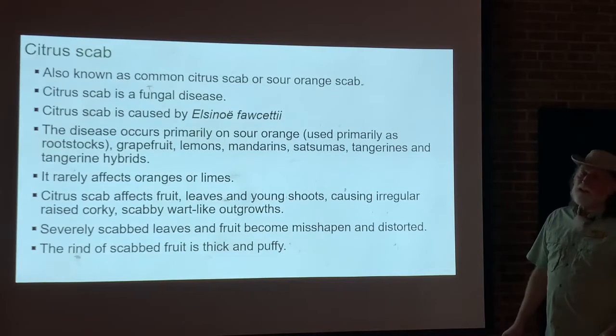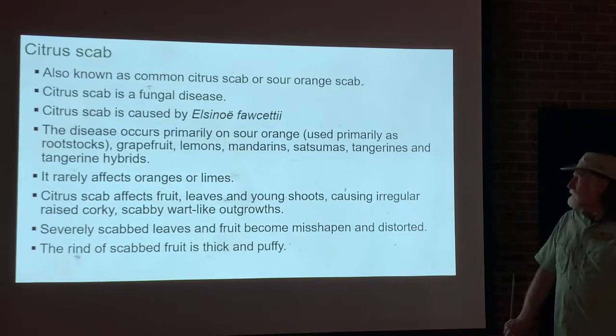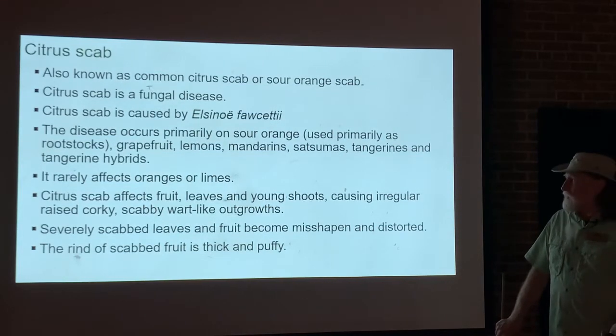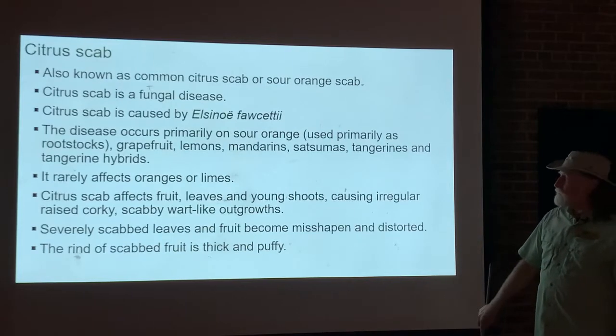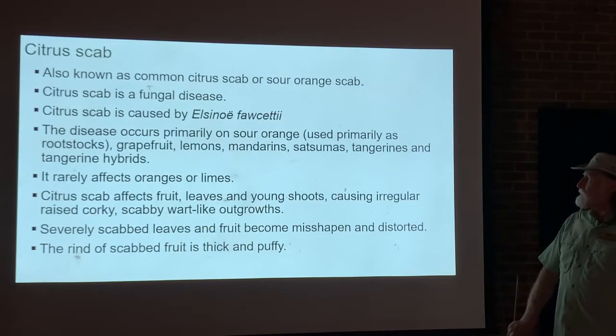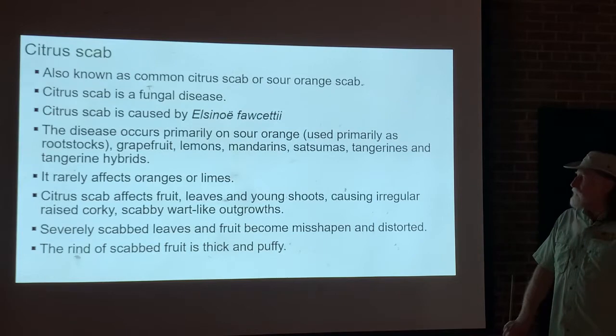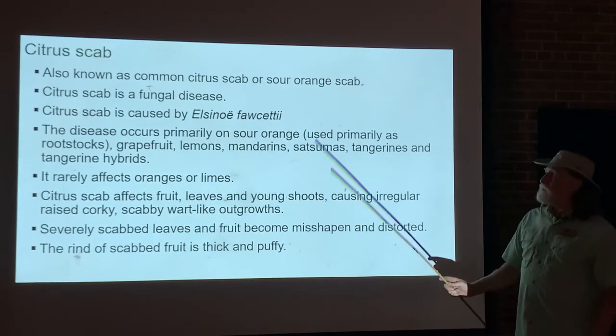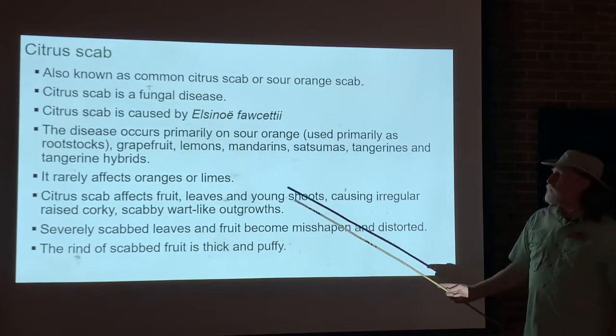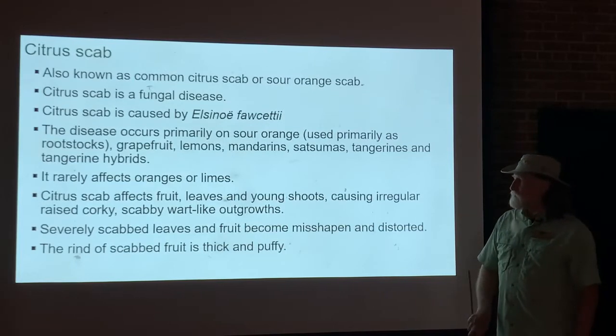It occurs primarily on sour orange, which is used as a rootstock, and also on grapefruit, lemons, mandarins, satsumas, tangerines, and tangerine hybrids. Now, citrus scab, this first one I'm talking about, rarely affects oranges or limes.